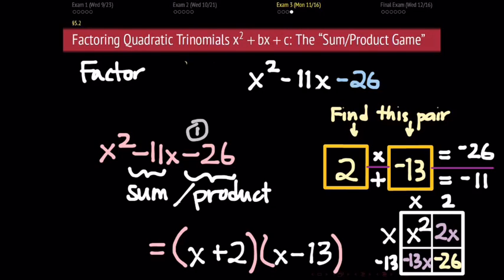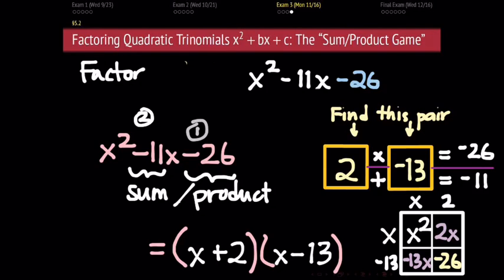So first we looked at the constant term and said, find me a pair of numbers which multiply together to give me negative 26. And there are a lot of possibilities, right? 26 and negative 1, 13 and negative 2, 2 and negative 13, 1 and negative 26. I think those are the only possibilities, but there are 4 different possibilities. And of those possibilities, which pair also adds together to give me negative 11? So the sum was our secondary concern.